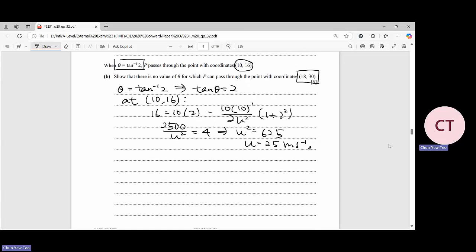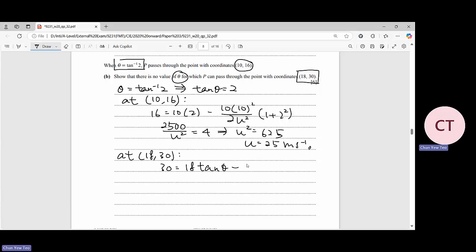But after that, we need to use this value of u to substitute inside to look for the other value of theta. Okay, so at the point (18, 30), your 30 is equal to x tangent theta. Now this tangent theta can no longer be 2 because we're looking for the other possible value of theta.